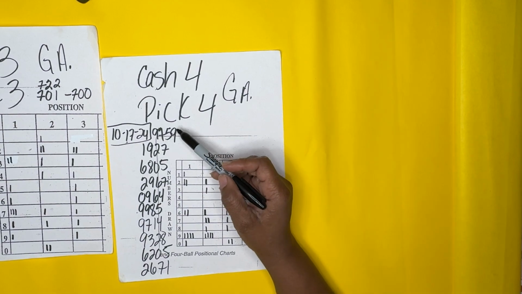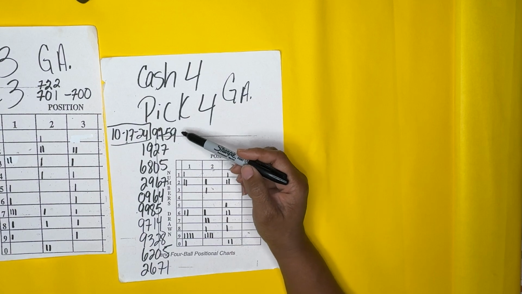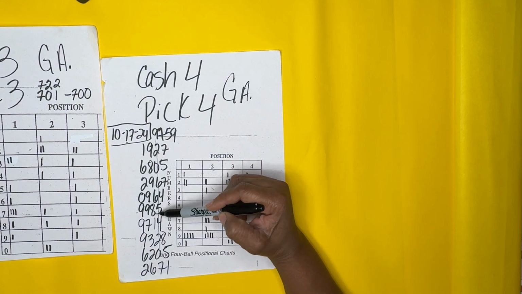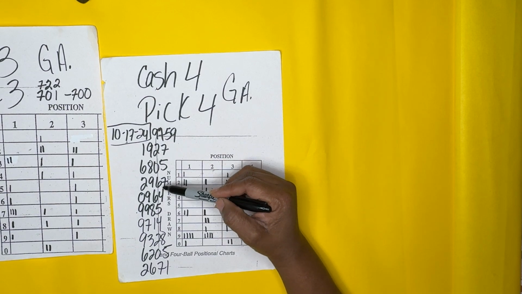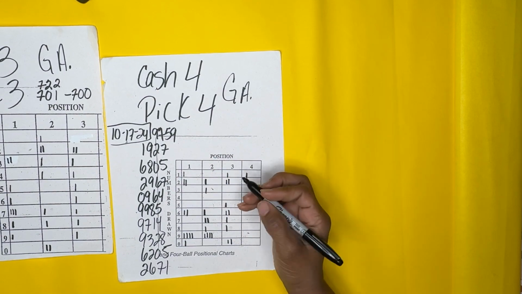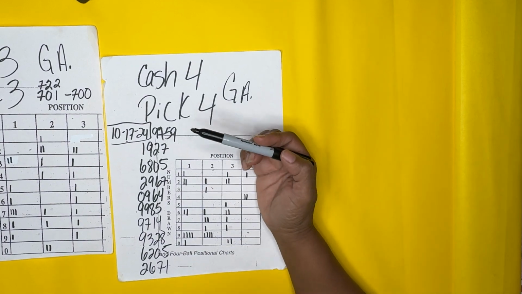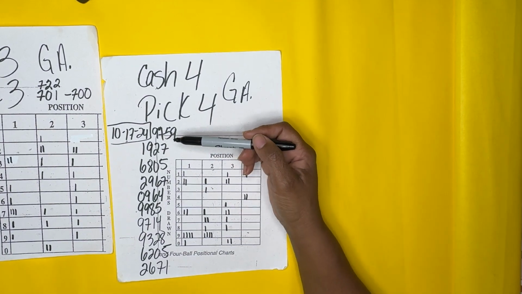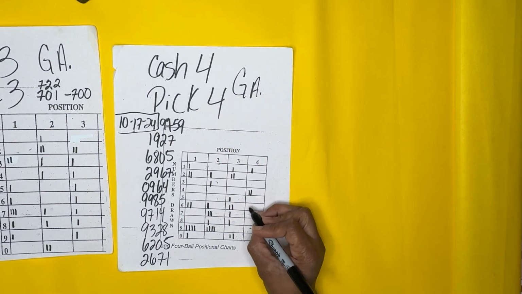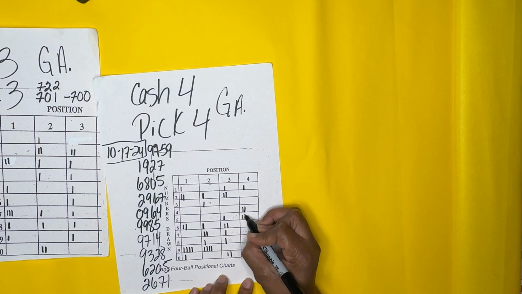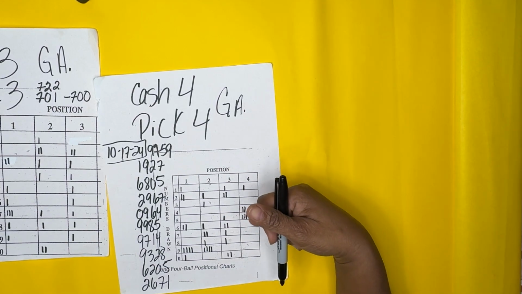But any 2s in the second position, none. Any 3s, none. Fours, 1, 2. Any fives? You got 1, 2, 3. I don't know, this may seem simple, and it is simple, but it does work. So you got 3 fives.